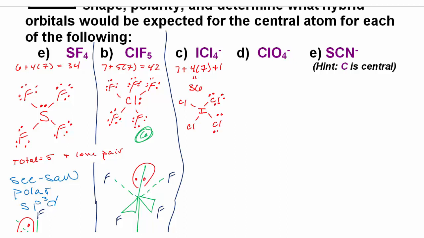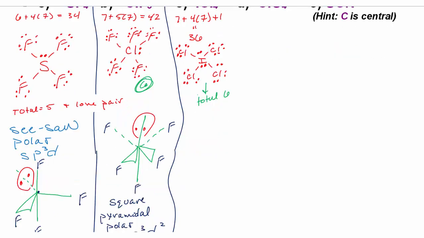Each chlorine has 8, 4 times 8 is 32, so I have 2 lone pairs left on that iodine. So if I count everything up, my total is 6 again. So I'm going to draw the octahedral shape.